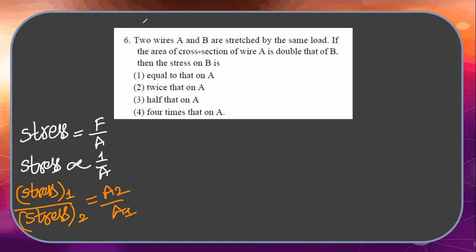Instead of A and B, I am taking 1 and 2 because here A represents area, and AB may give confusion. The area of cross section of the first wire, A1, is 2 times A2. Then what is the stress on B? They are asking for stress 2.